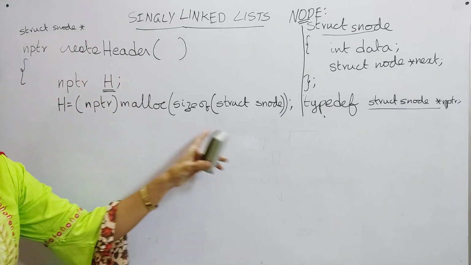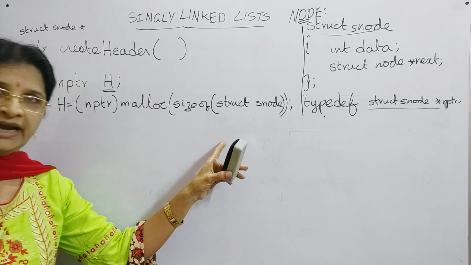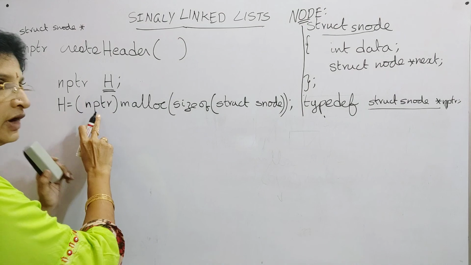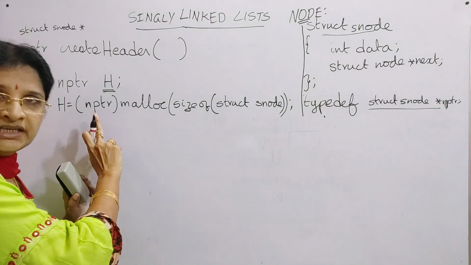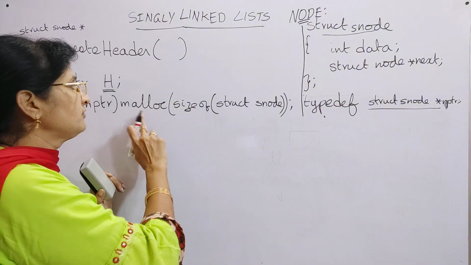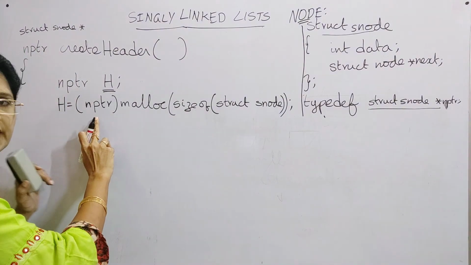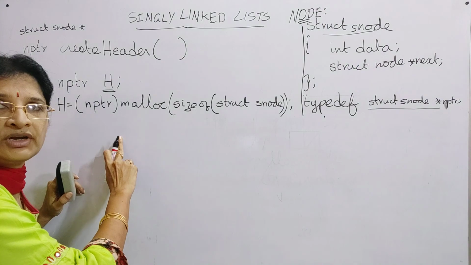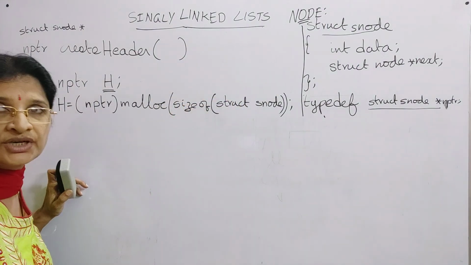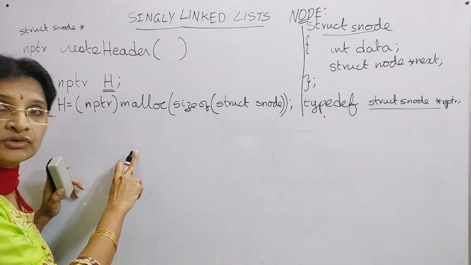So this is how you can allocate memory to your header node. What is happening here? First, typecasting is being done. The malloc function returns a void pointer, and this void pointer is converted to your data type pointer. Here our data type pointer is struct node asterisk.